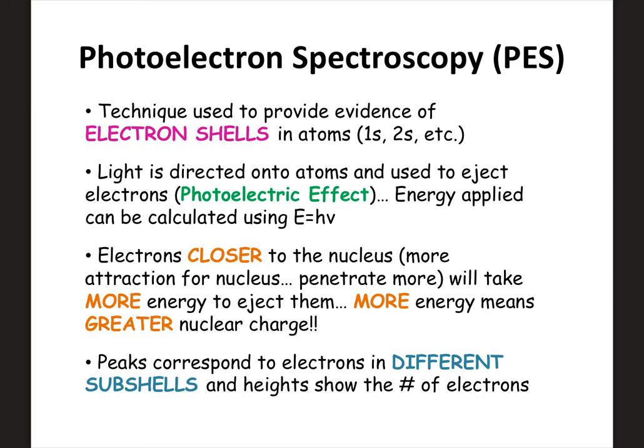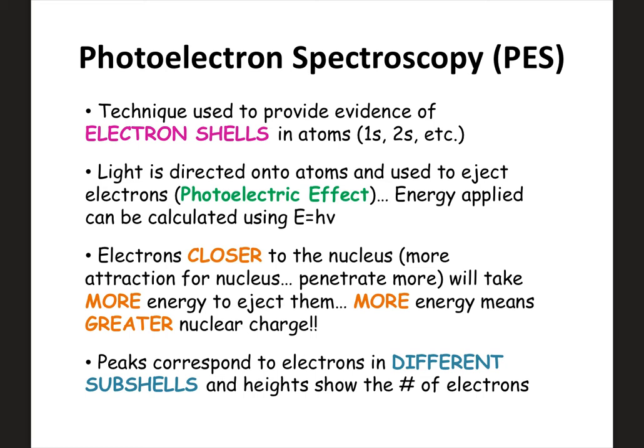But the energy that they're applying can actually be calculated. So what's happening is these electrons are being ejected, but it takes a certain amount of energy. The main idea of PES is that electrons that are closer to the nucleus are going to experience more attraction to the nucleus.